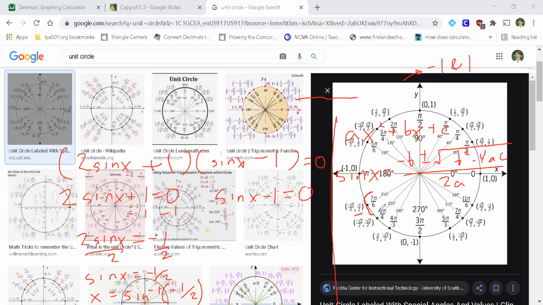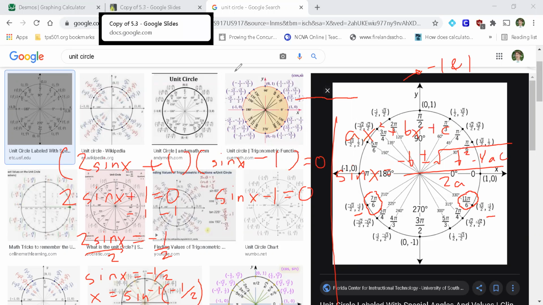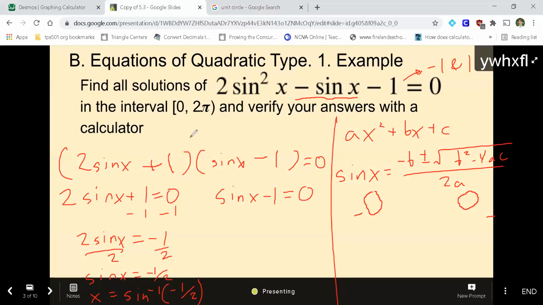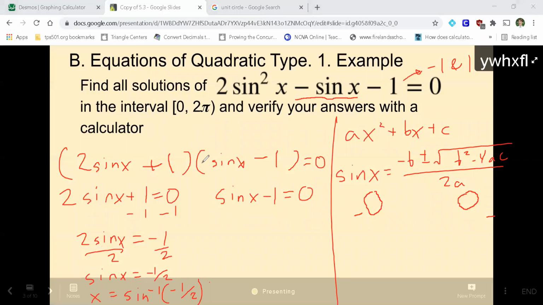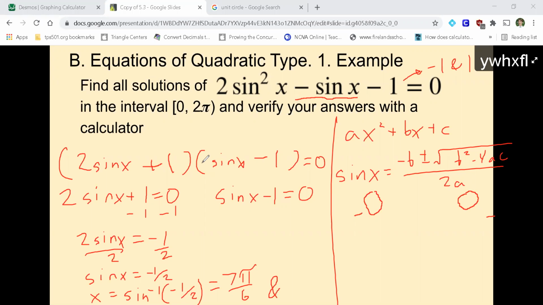Well, right here. And, yep, that's right, and right here. So in radians, then our answer will be 7 pi over 6 and 11 pi over 6.